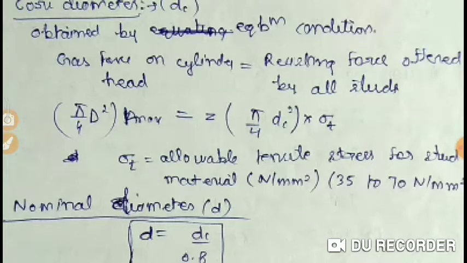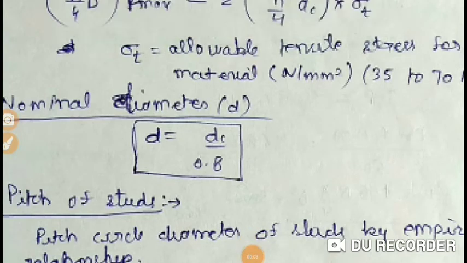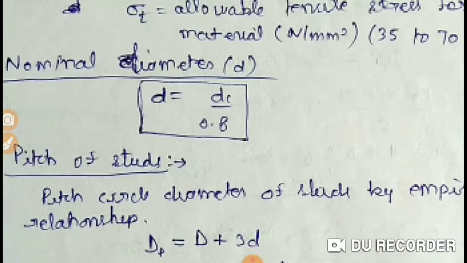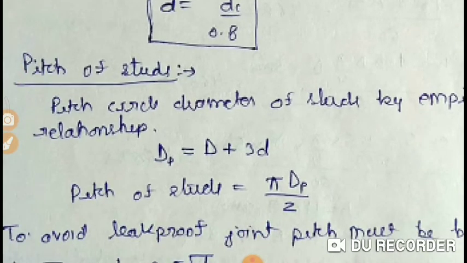Now we have to calculate the pitch circle diameter of these studs, which is given by the formula dp equals d plus 3d. This is the basic formula for calculating the pitch circle diameter of the studs.